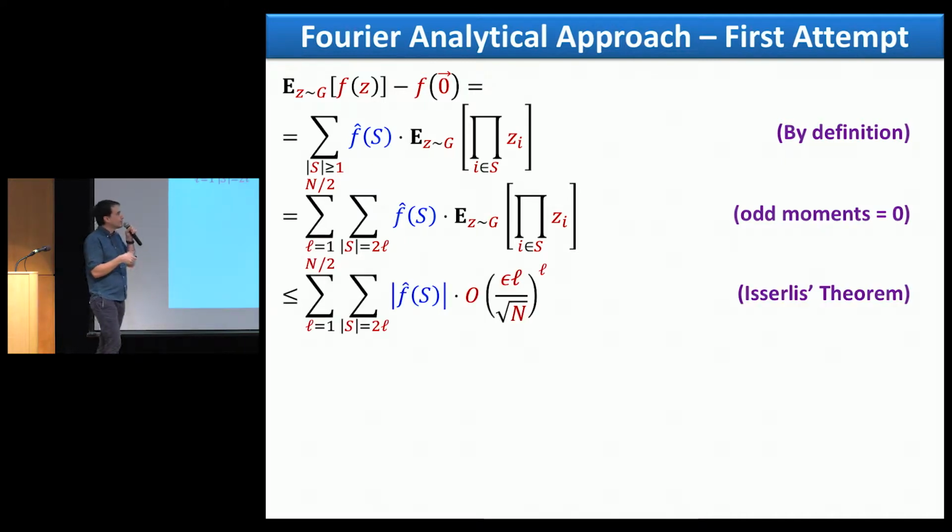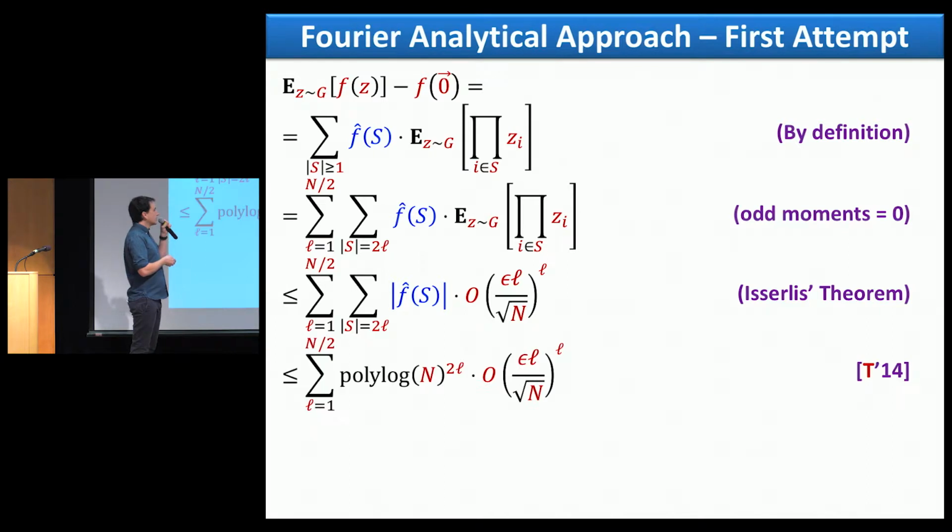To analyze the even degrees, I can use Isserlis' theorem that tells me how even moments of a Gaussian behave with respect to the covariance matrix. And I get that the degree 2L moments are at most (epsilon L over square root 10) raised to the power L. This requires some calculation, but this is what you would get.